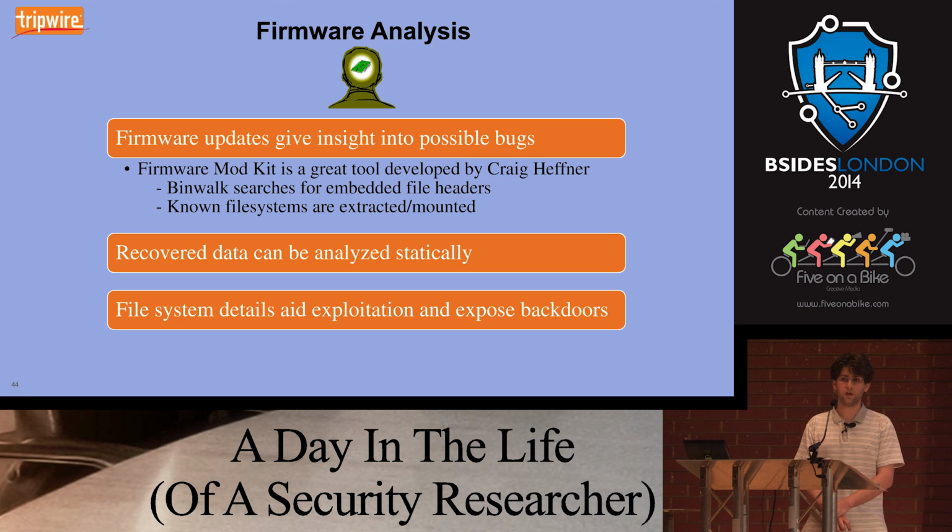Like for example, there have been cases where we've seen hard-coded user agent strings within HTTP binaries, which allow you to bypass authentication, and other similar vulnerabilities, which I'll get to in a moment.